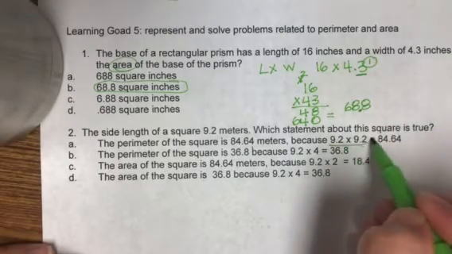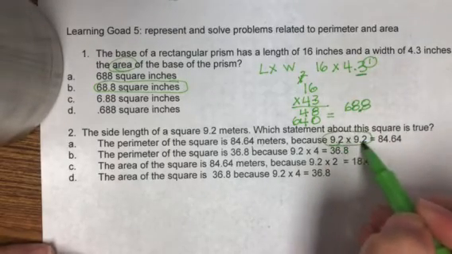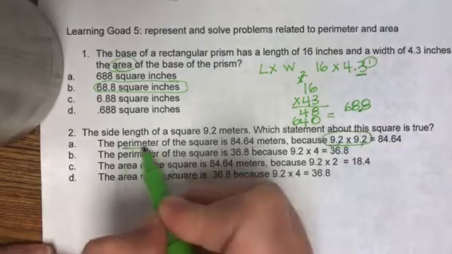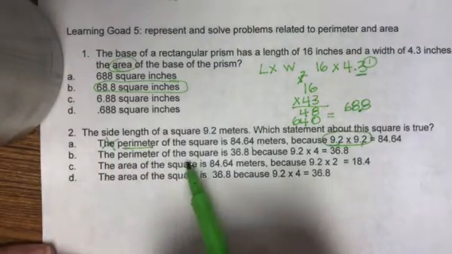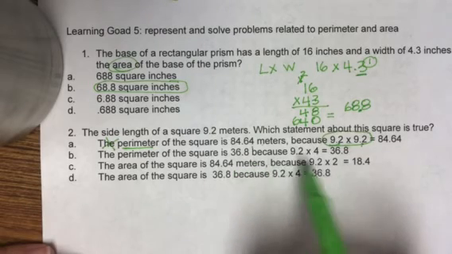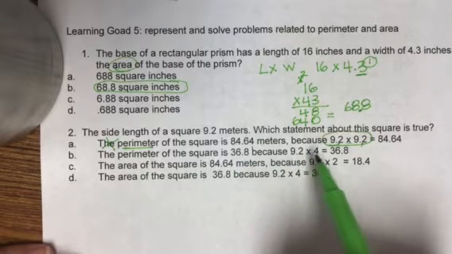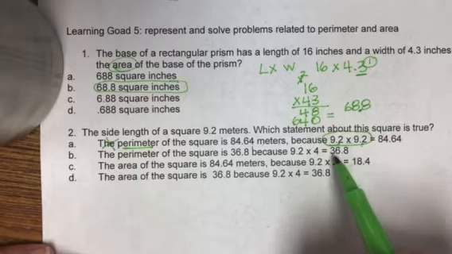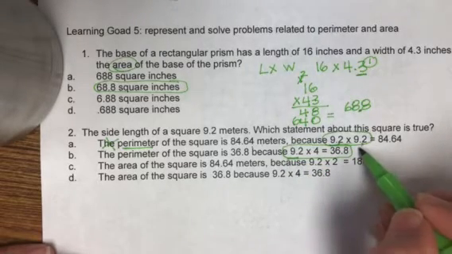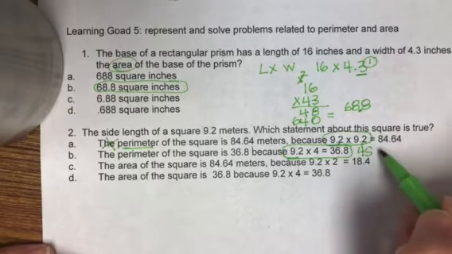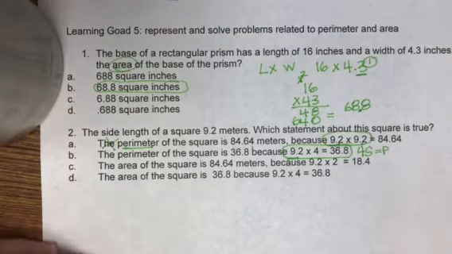Well, I know that this is area. Multiplying those is area. This said perimeter, so that can't be the answer. The perimeter of the square is 36 8/10 because 9 2/10 times 4 is 36. This is correct. If you look at your star chart, it says 4S equals perimeter. 4 times the sides because there are 4 sides.